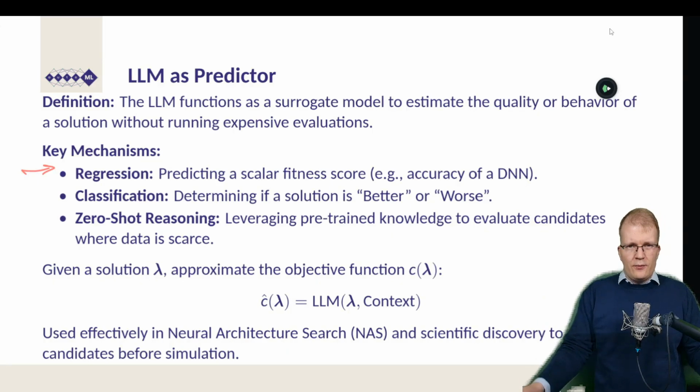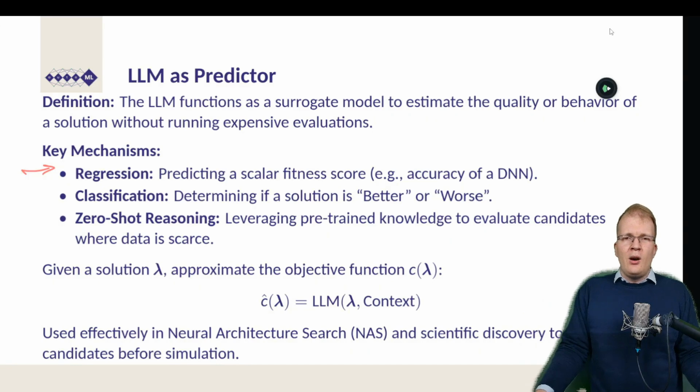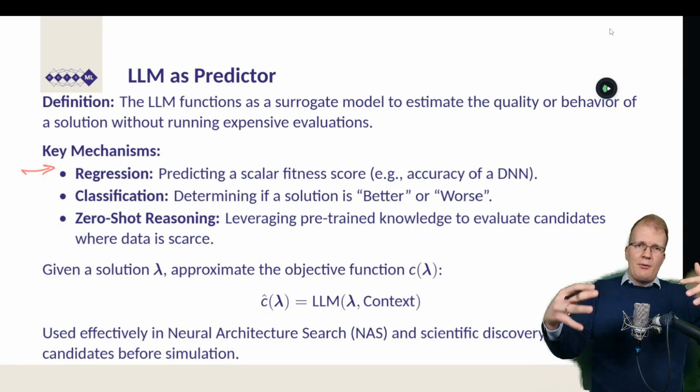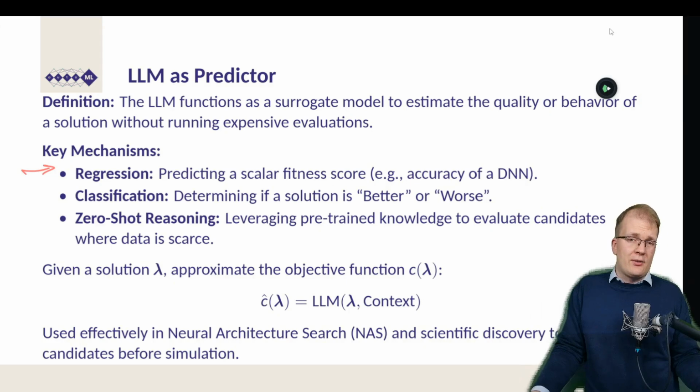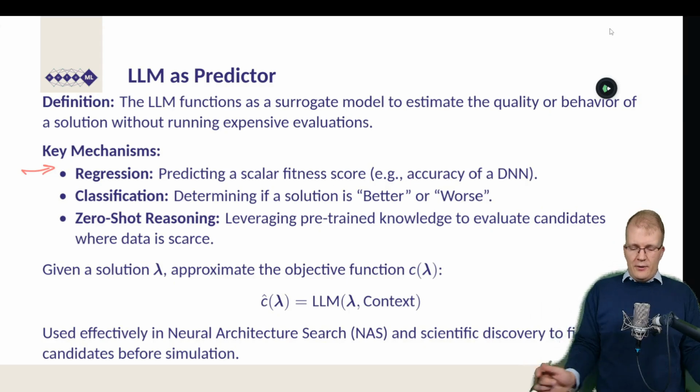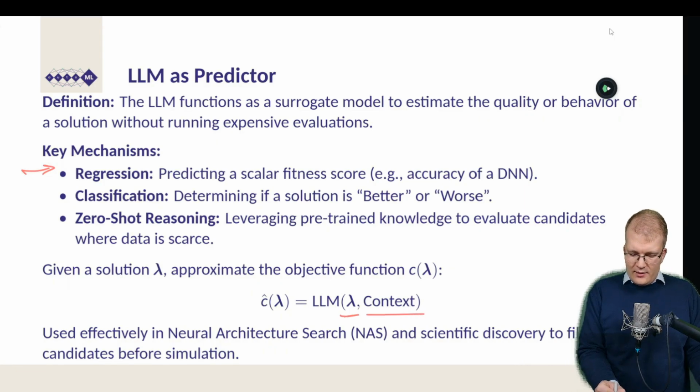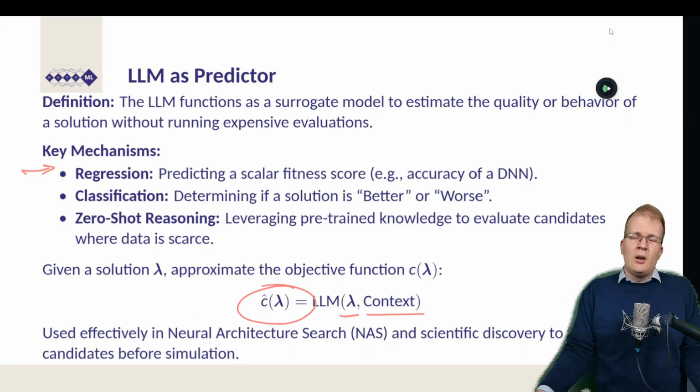So, for example, making more use of the task description and everything coming from maybe also external sources. Overall, what we're hoping to do is use the large language model with an input of our configuration and some further context information, and that acts as a replacement for the cost function we normally have. You have already seen in neural architecture search and scientific discovery that this can be quite efficient, especially for removing unpromising solutions.